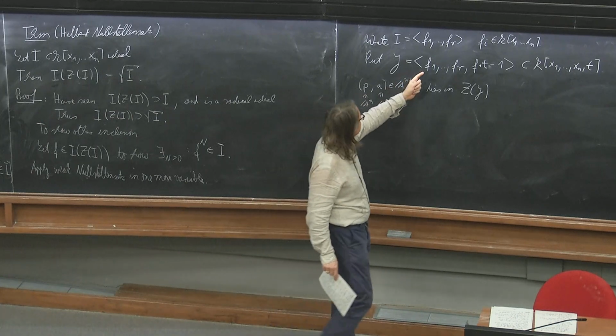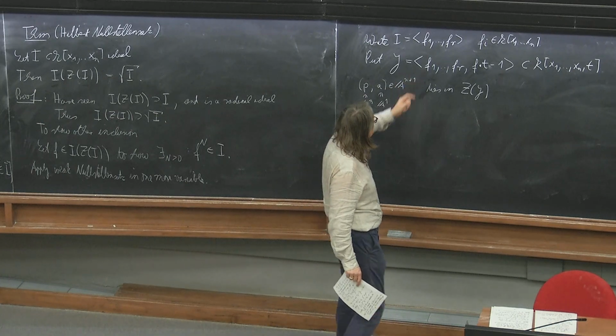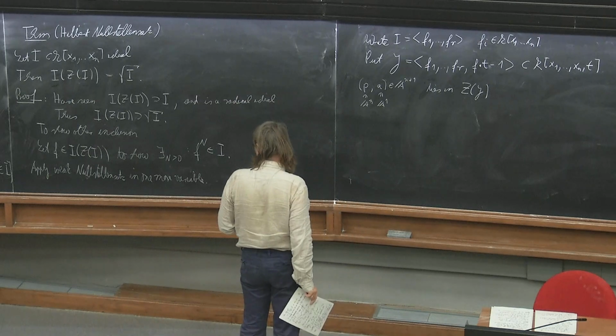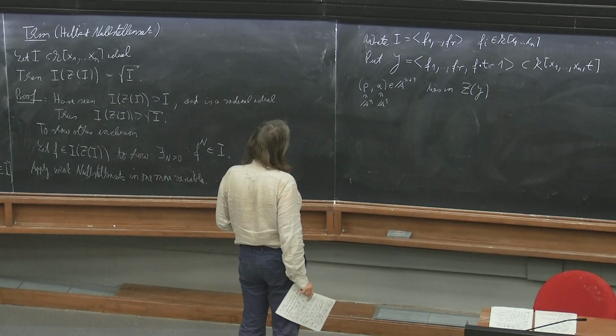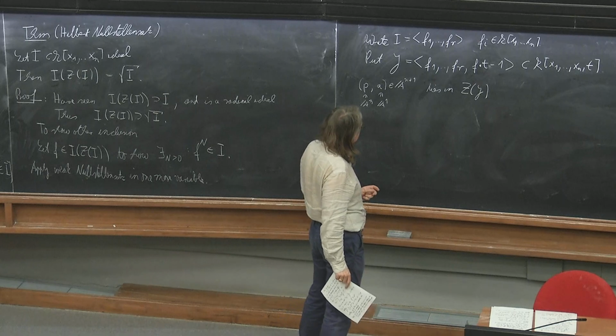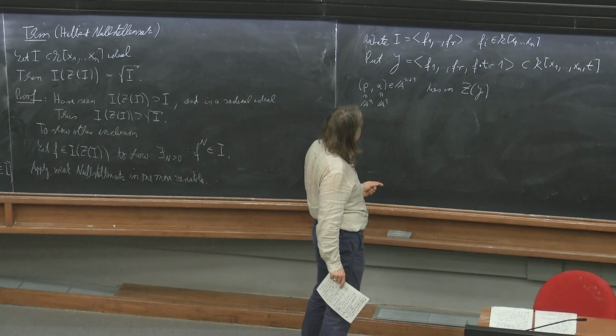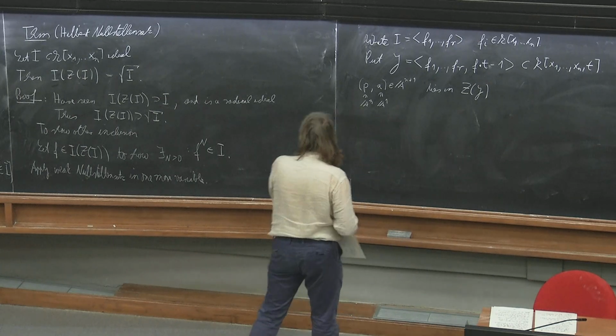And as this is the ideal generating the zero set, generating I, this means it will vanish where I vanishes.